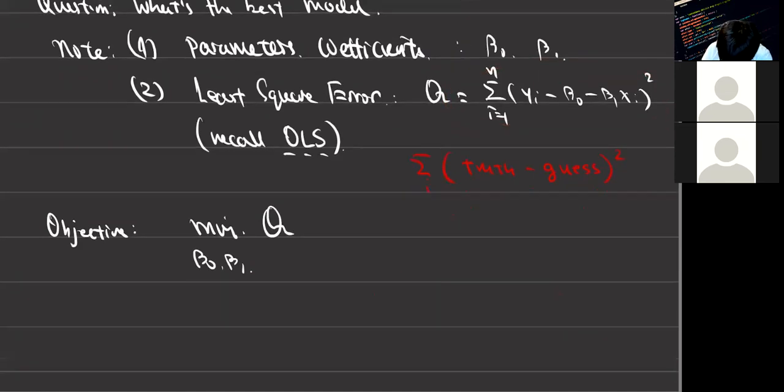So this means I want to minimize this, which is your loss function, and this is by controlling beta 0 and beta 1. Right, so that's the big picture. That's the agenda.